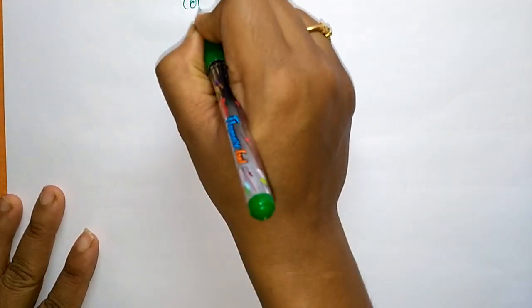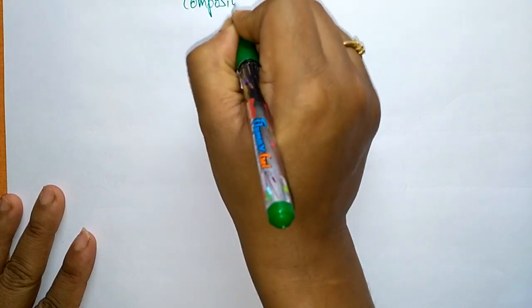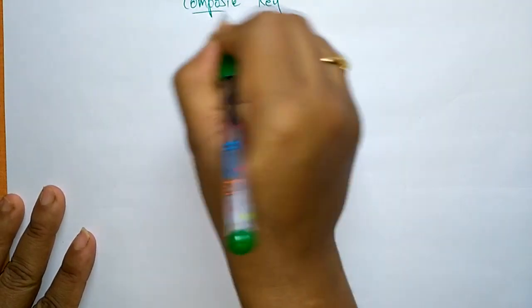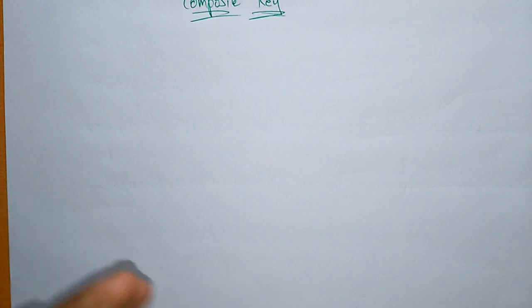Now coming to the next key. What is the next key? The last one, that is a composite key. Composite. So what is this name indicating? Composite means it's multiple.